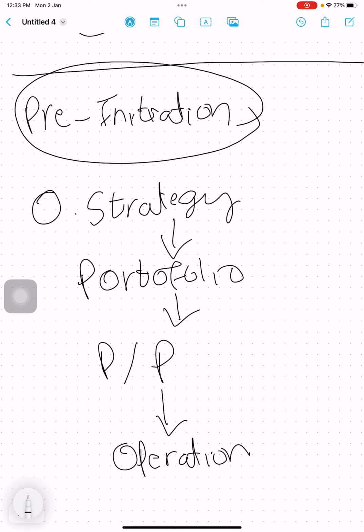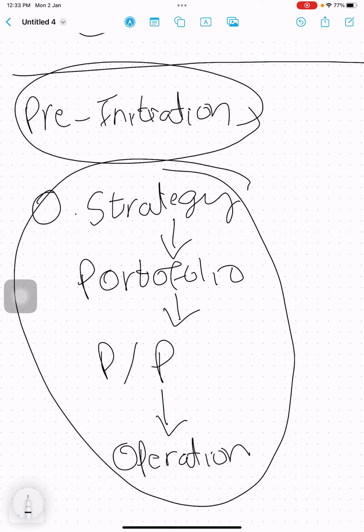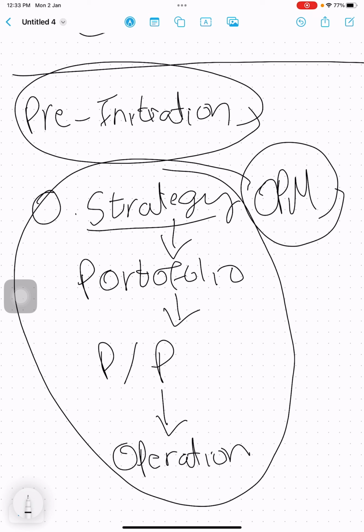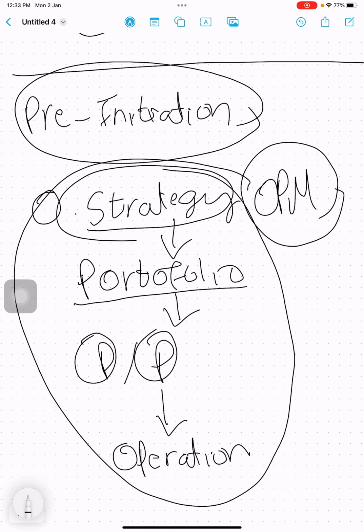This is known as the organizational project management framework, the OPM framework. So organizations have strategy which drives portfolio, on the basis of which programs and projects are selected, and once programs and projects are utilized, they are driven to operations.